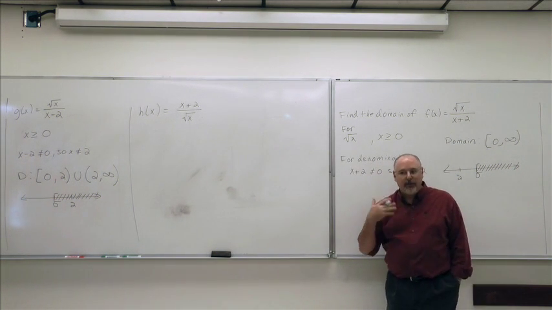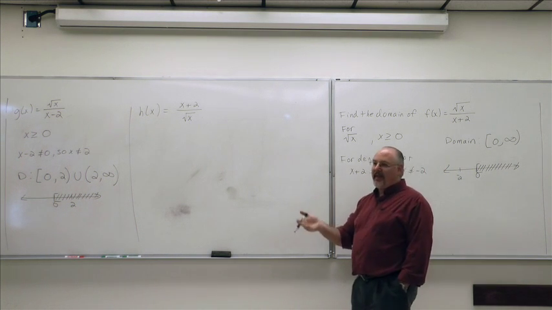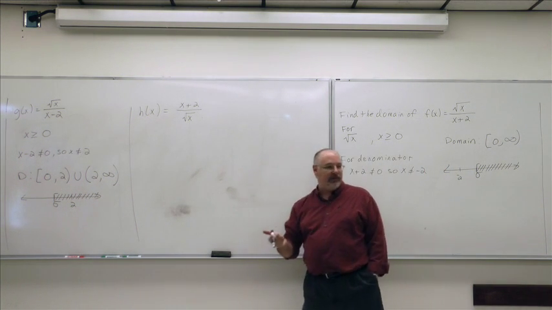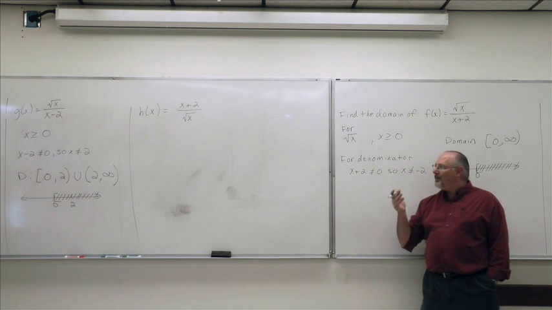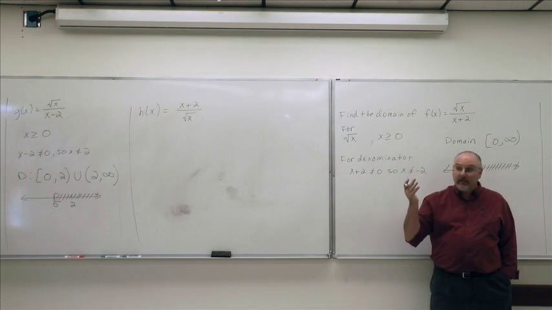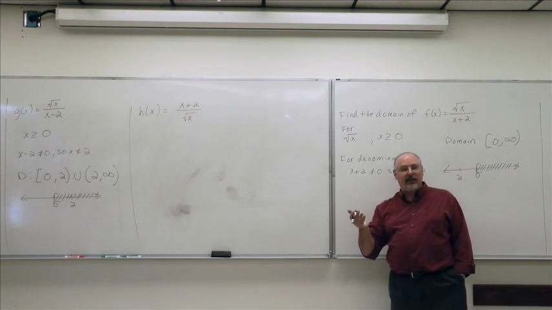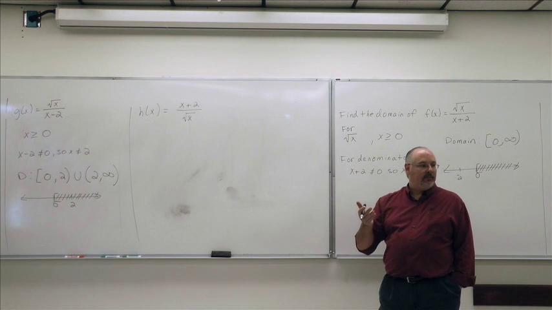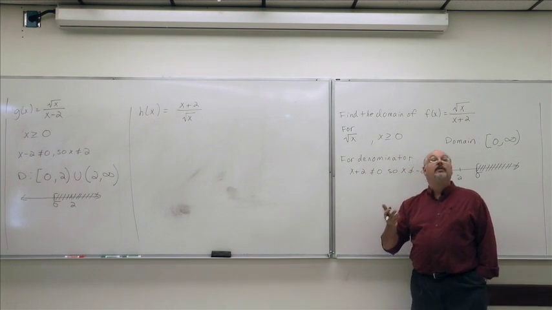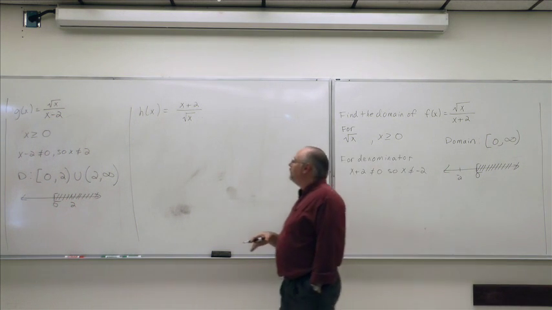What's the potential bad thing? We talked about domain. Domain is about not doing things that are not allowed. So what are the potential bad things? Square root of a negative, right? You can't take the square root of a negative. What's the other thing? X will equal 0. Division by 0. Okay, so we have to worry about both things.